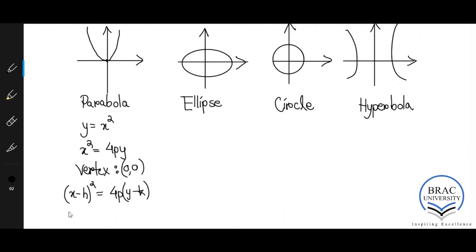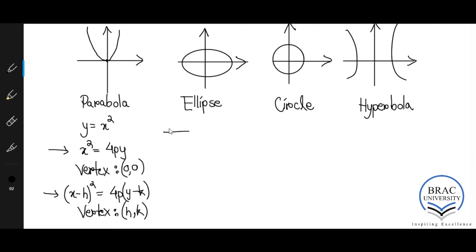This is where the vertex or the turning point is at h comma k. So this is the standard equation for a parabola that has a vertex at h, k. When h is 0 and k is 0, we have this equation. Knowing either of these or both of these is quite simple, so I believe that's not going to be difficult.